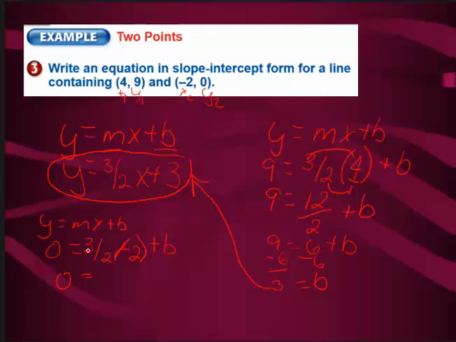So 3 times -2 is -6. Remember, this is over 1, so 2 times 1 is 2. So 0 equals -3 plus b, and then I add 3 to both sides. 3 equals b.